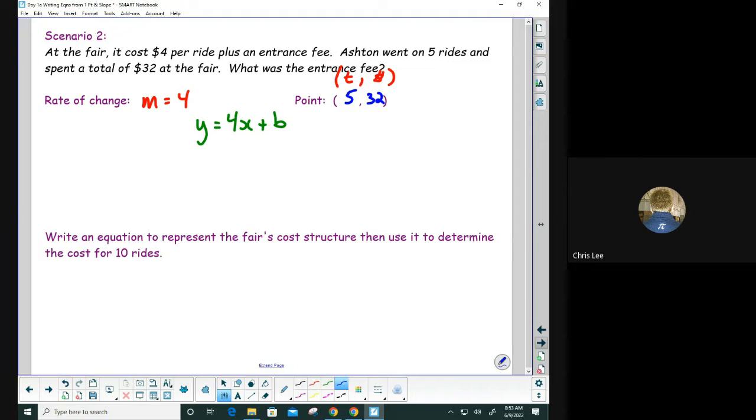What's the algebra? I'm taking this point, substituting it in. So it's 4 times 5, and the answer is 32.